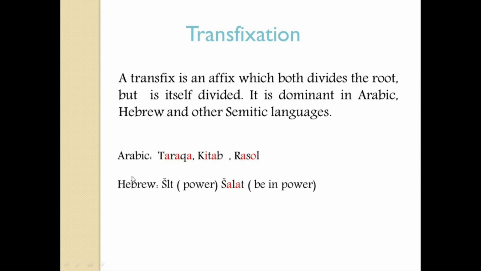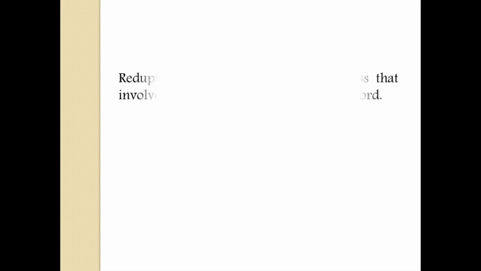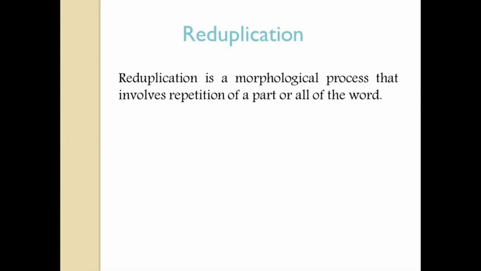So we created these words by means of transfixation. We have also Hebrew, which is the same as Arabic. We use transfixes in order to create more words or to inflect words as well. So it works both ways, whether derivational or inflectional transfixes.